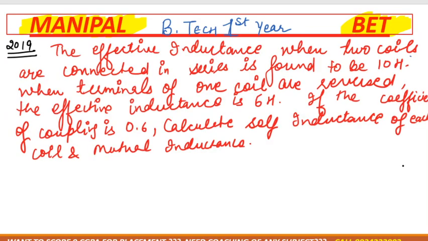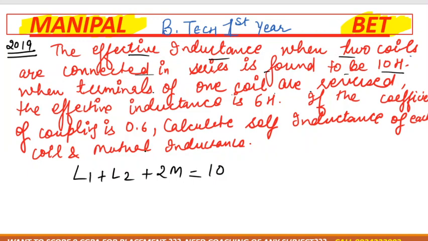This is from your paper 2019. In this question they said the effective inductance when two coils are connected in series is found to be 10 Henry. Means L1 plus L2 plus 2M is equal to 10. When the terminals of one coil are reversed, L1 plus L2 minus 2M is equal to 6 Henry.